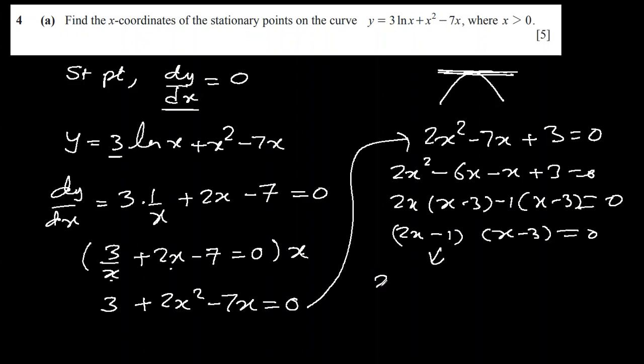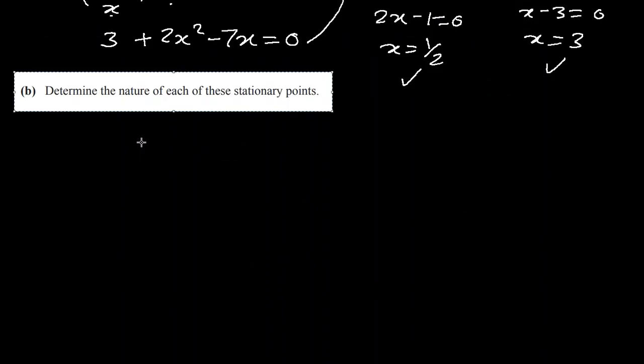So this gives us 2x minus 1 equal to 0, and x coordinate of this is half. This gives us x minus 3 equal to 0. x coordinate is 3. They're asking us to find the x coordinates of the stationary points, and we found them. Both of them are greater than 0, so both of them are good.